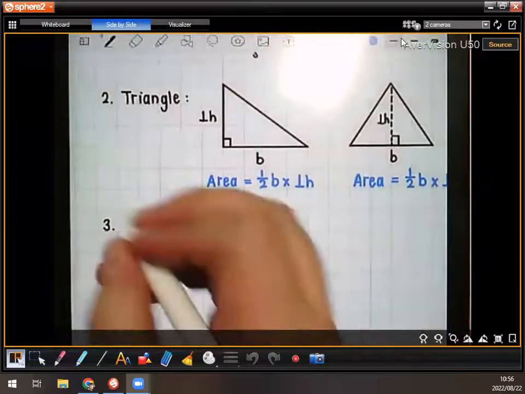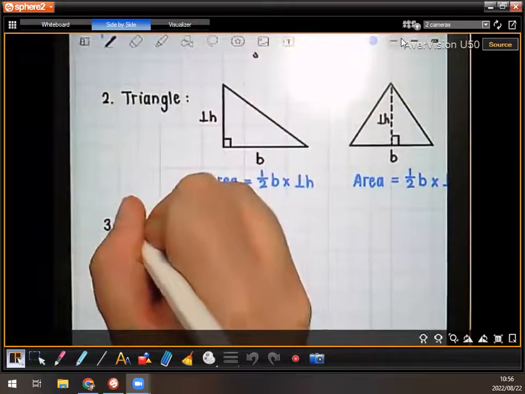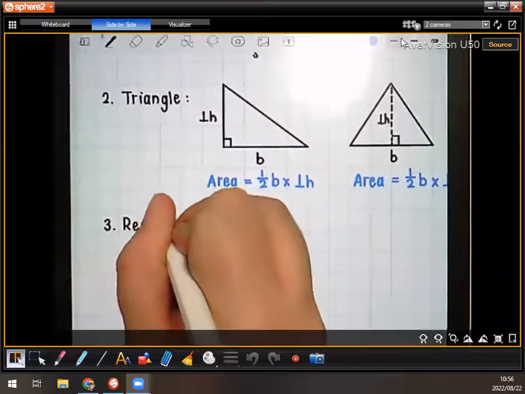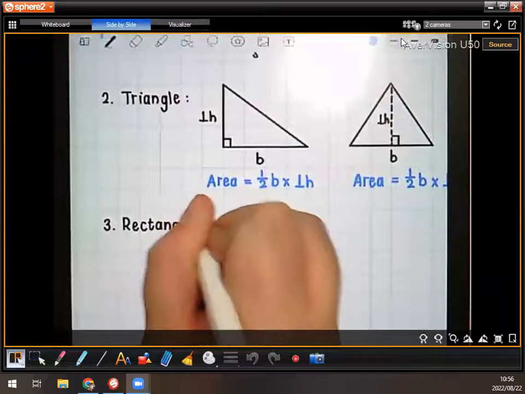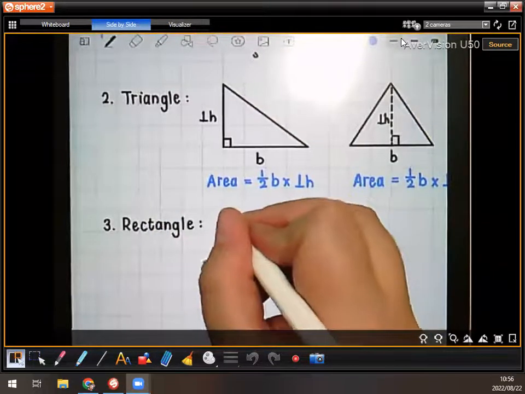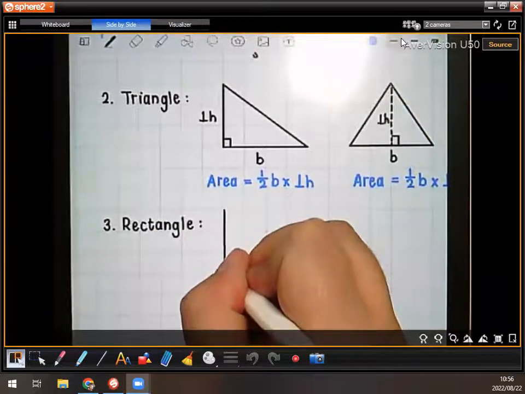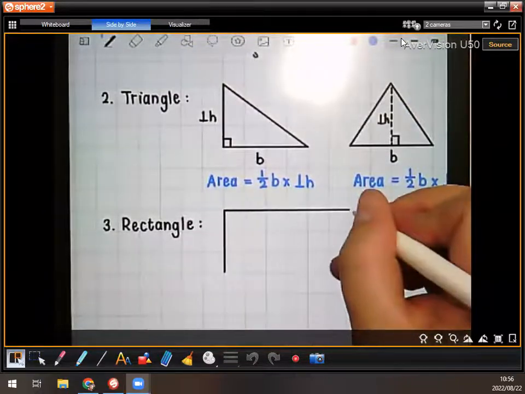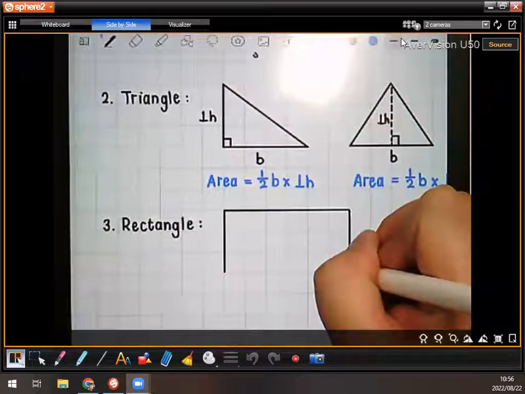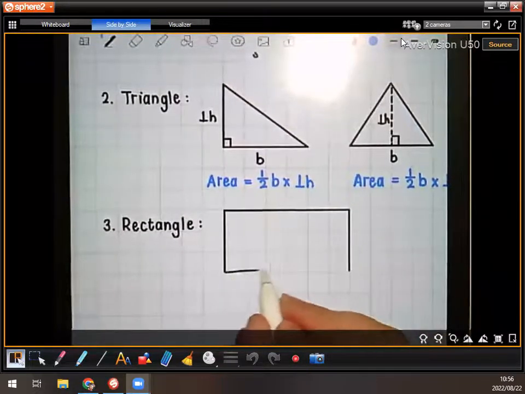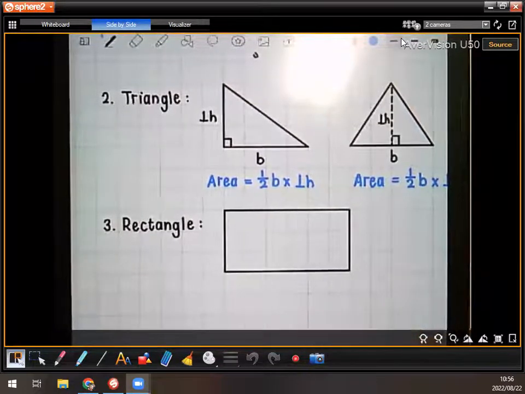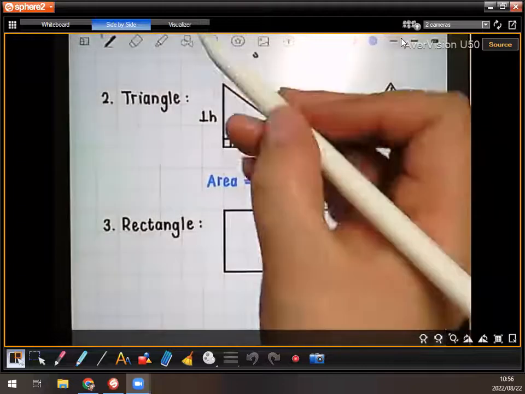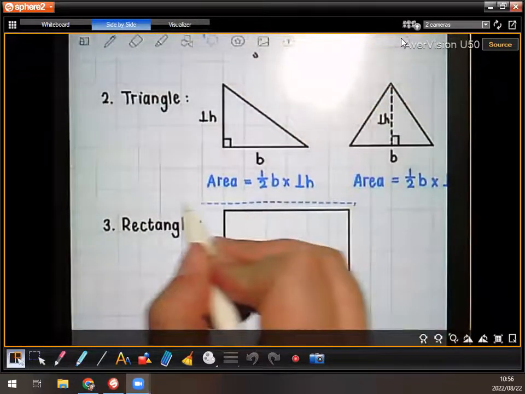Number 3, rectangle. So just draw a rectangle then, please. Make sure that it looks like a rectangle.